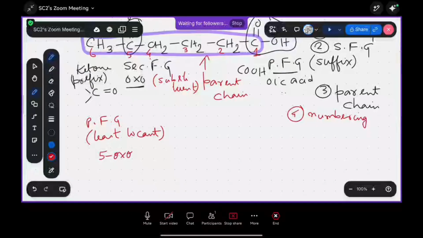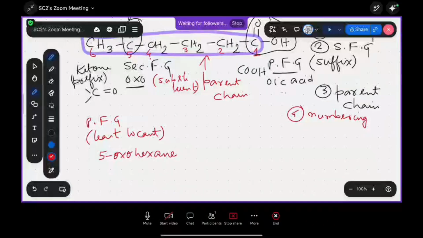So 5-oxo. Then we have the word root. There are 6 carbon atoms, so it is hex. All the carbon atoms are single bonded to each other, with no double or triple bonds, so hexane.